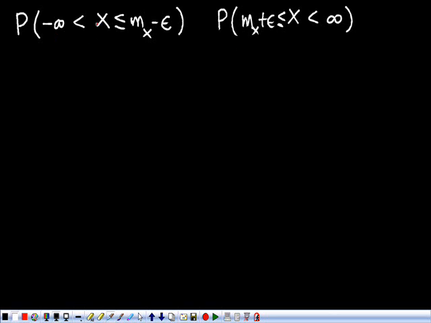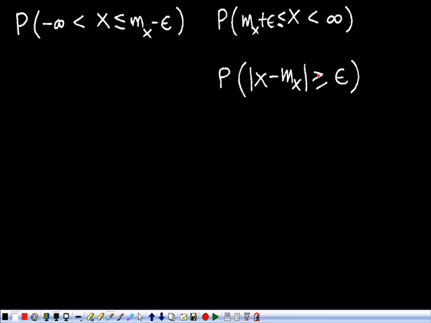We already know that this event and this event both are mutually exclusive events. Therefore, what is the probability of this, mod x minus mx greater than or equivalent to epsilon?